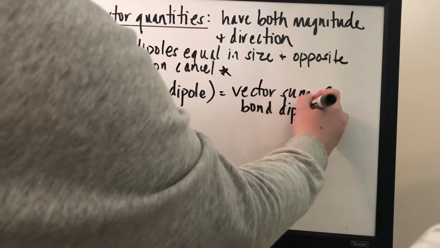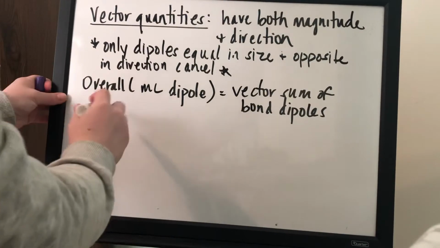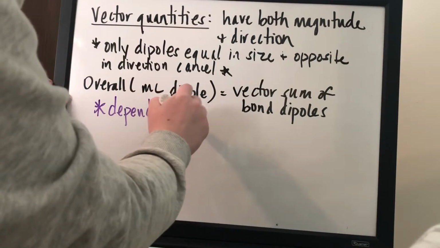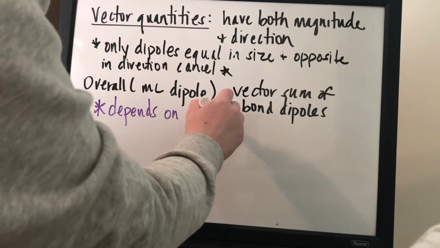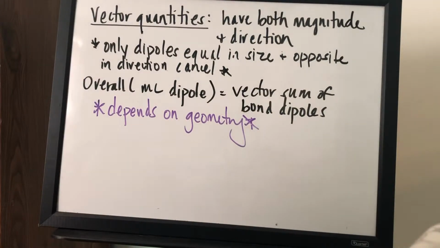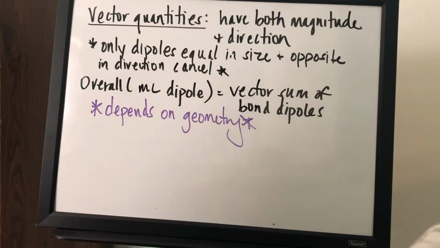Okay, do they cancel, yes or no? And this, of course, depends on geometry. That's like your huge takeaway point, that the canceling of these vectors depends on the geometry, and thus why we learned VSEPR before you can learn molecule polarity. Okay, you have to be able to do geometry first before you can do a discussion in molecule polarity, but not bond polarity.